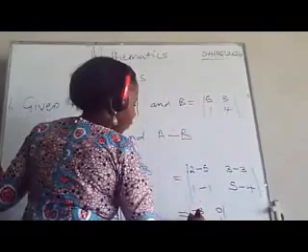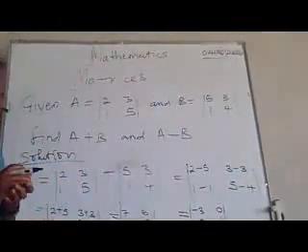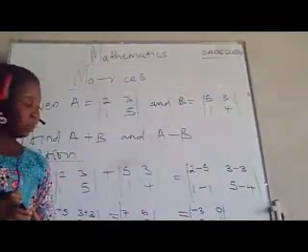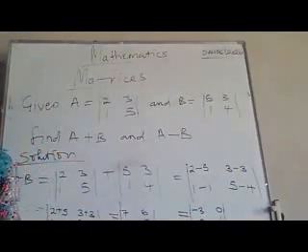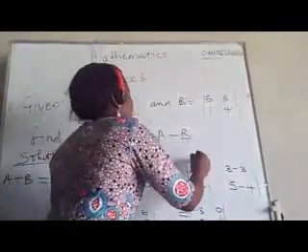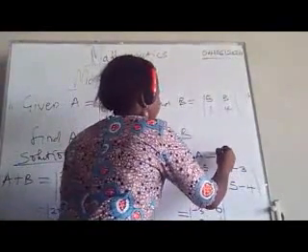Therefore, we have minus 3 and 0 on the first row, 0 and 1 on the second row. That is A minus B.